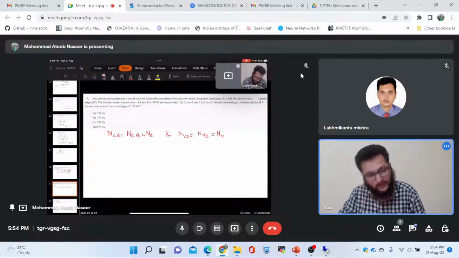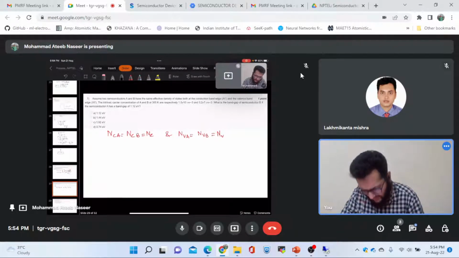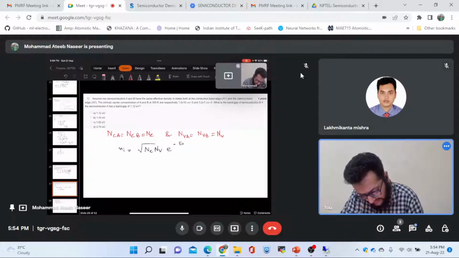So if we simply use the relation for the intrinsic carrier concentration that we saw in the lectures, we will have Ni is given by the square root of Nc into Nv, times the exponential of minus Eg by 2kT.